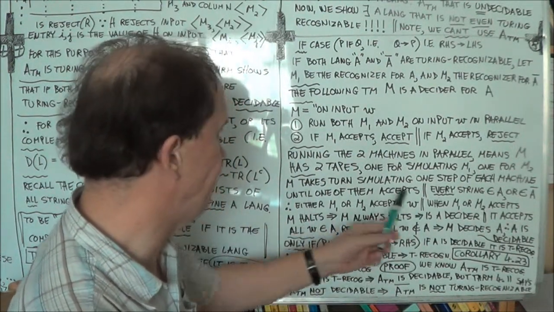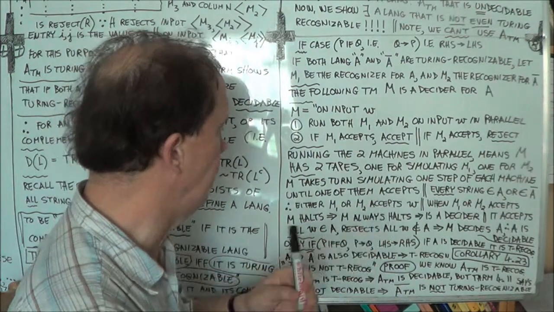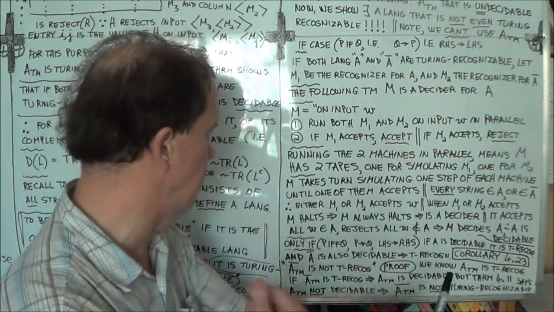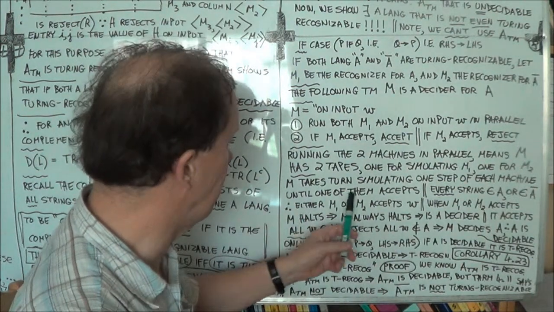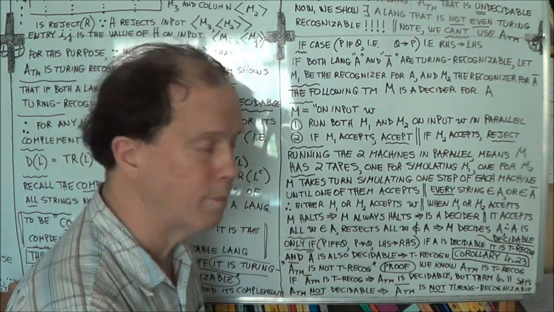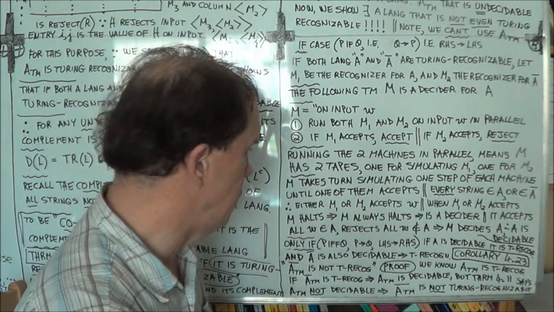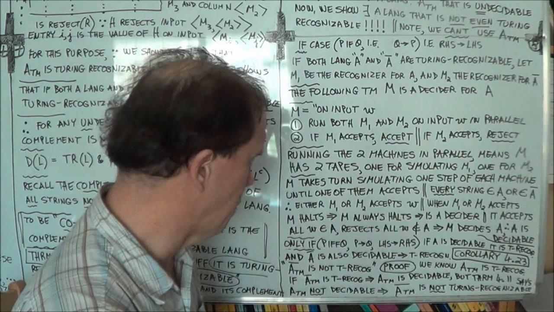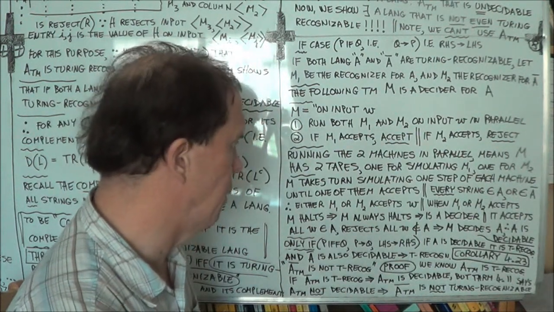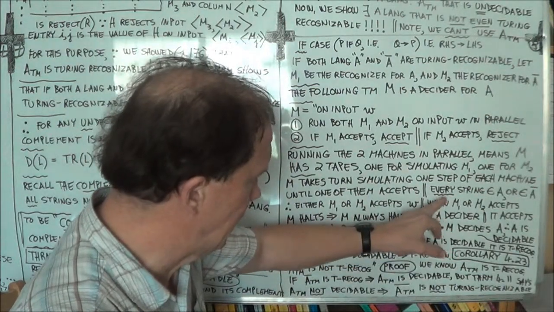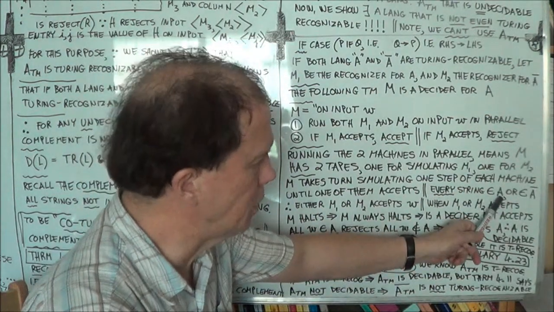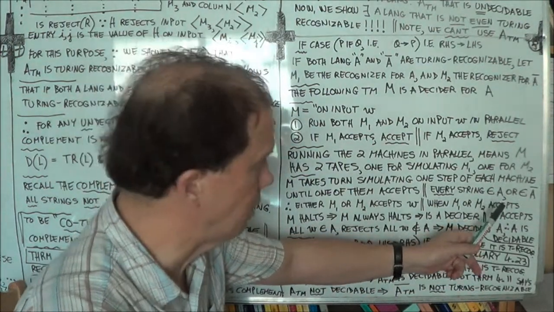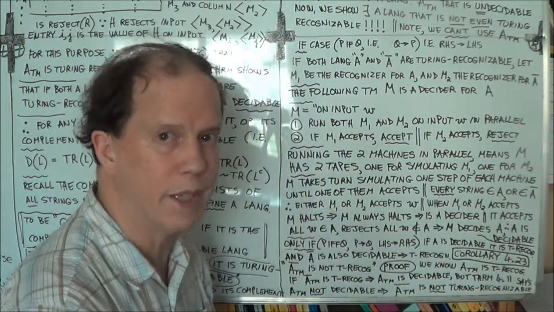Now you keep doing that, alternating M1, M2, M1, M2, one step at a time, until one of them accepts, right? And then you make your decision. Either you accept or you reject. Right? Now look, any string whatever, it will either belong to that language A, and if it doesn't, well then it must belong to the complement by definition.